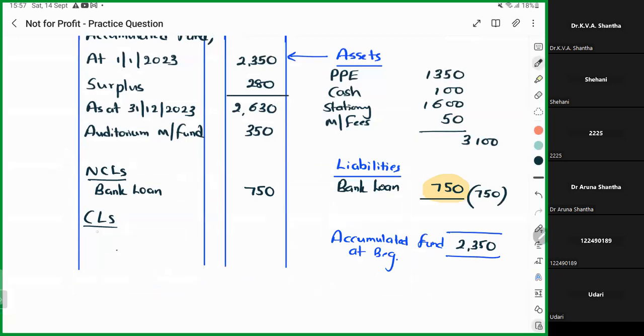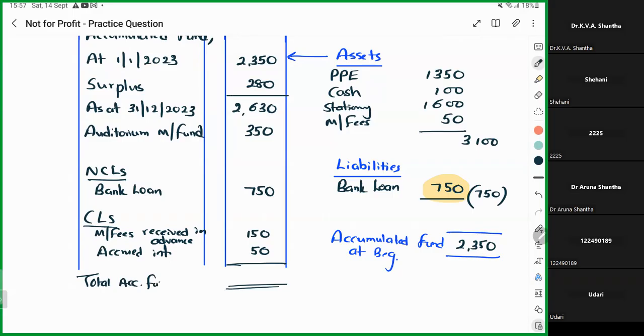Membership fees received in advance, 150. Accrued interest, 50. Now you can get the total accumulated fund and liabilities.